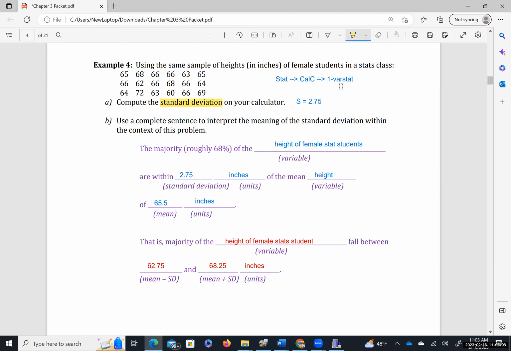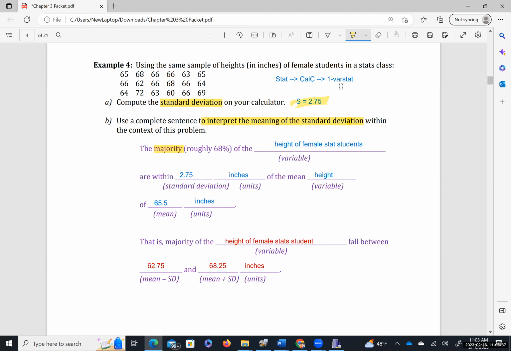By using calculators, you should get the sample standard deviation of 2.75. For interpreting the meaning of the standard deviation, you will say the majority of the heights of female students are within 2.75 inches of the mean height of 65.5 inches.